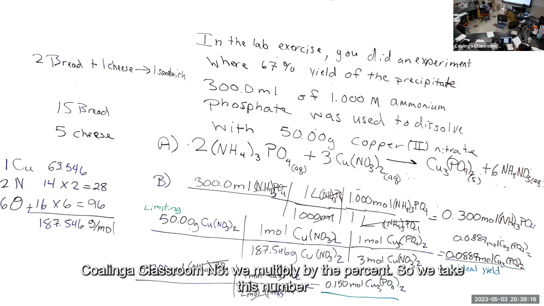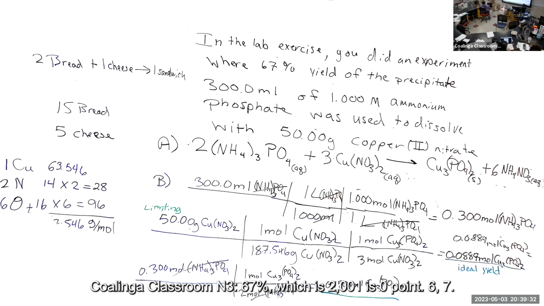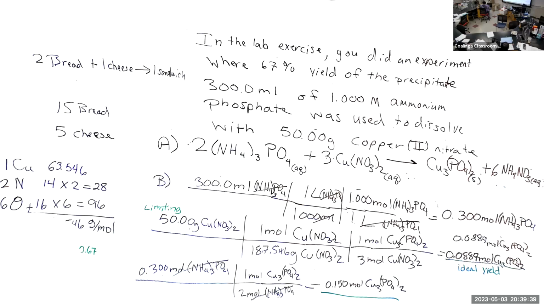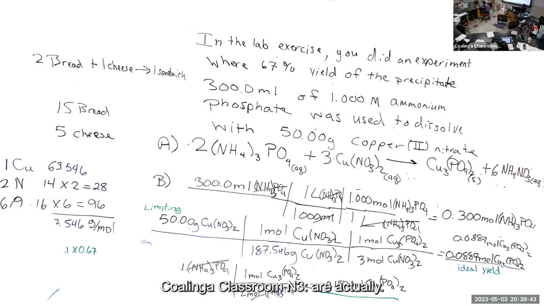So we take this number, 0.0889, I'm sorry, my bad, moles times 67%, which in decimal form is 0.67. This is going to equal our actual yield.